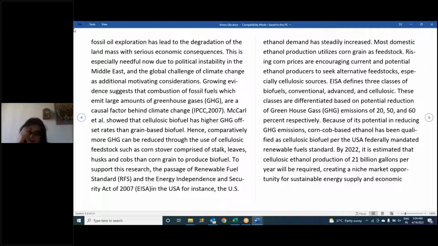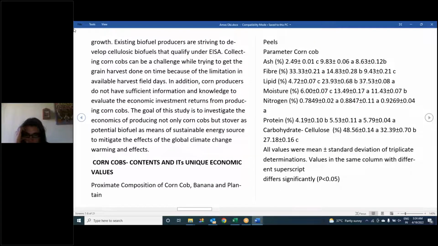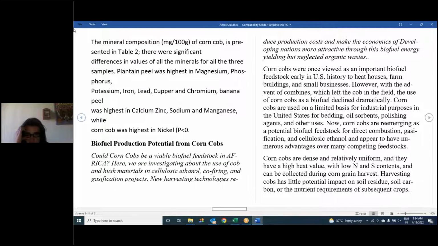Now let's go to the next slide, which is biofuel production potential from Concord. We have two methods to get energy, biofuel, from Concord.